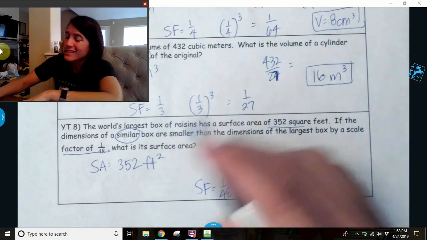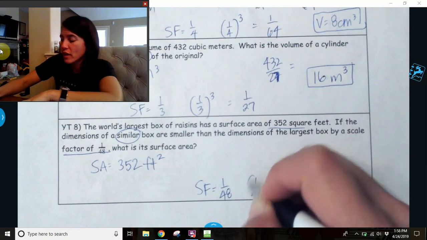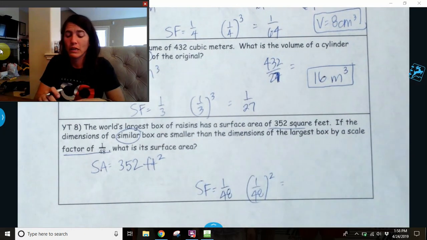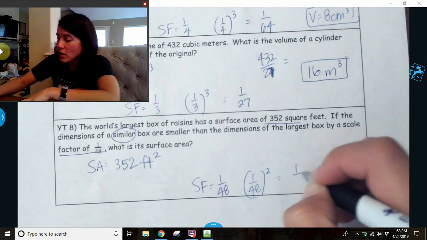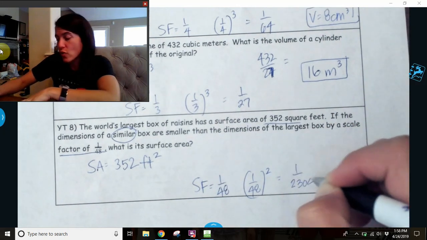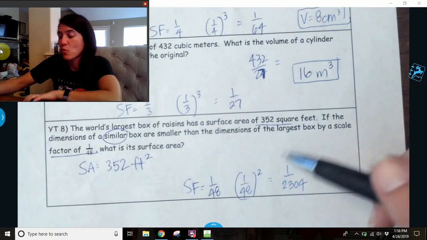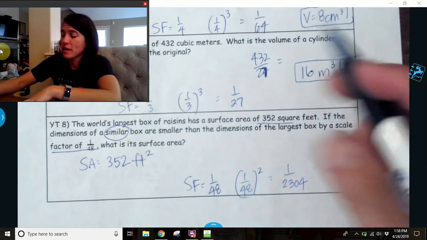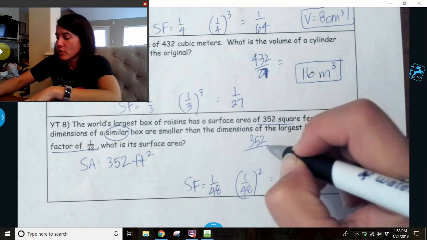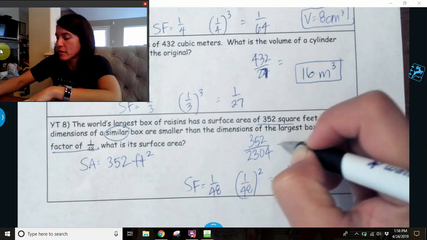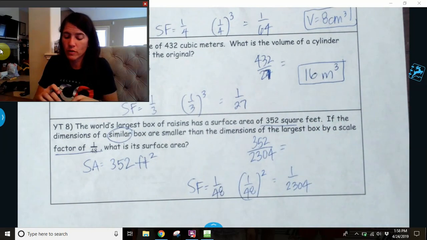So again, this is surface area, so I'm going to do 1/48 squared. And I don't know what 48 squared is. So 48 squared is 2,304. And 1 squared is 1. So 352 divided by 2,304.